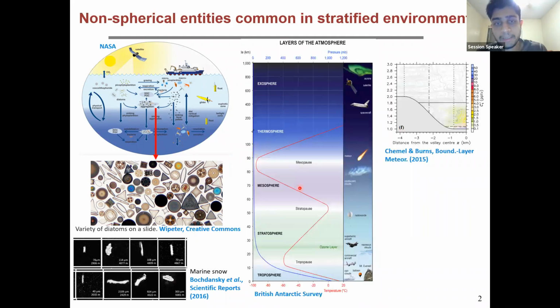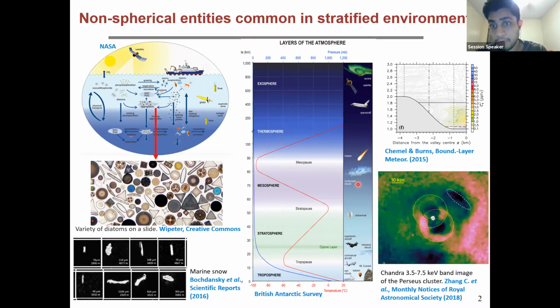Also, the atmospheric air observes a density stratification similar to oceans, and these layers also have either pollutants in them or a bunch of different entities which can be of different shapes.